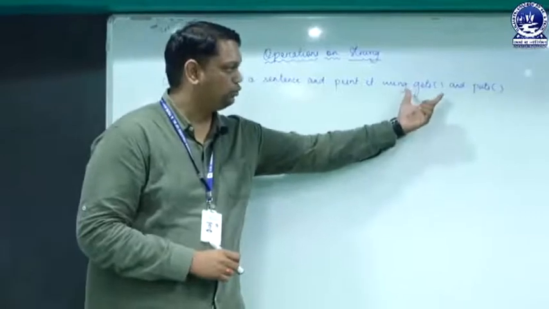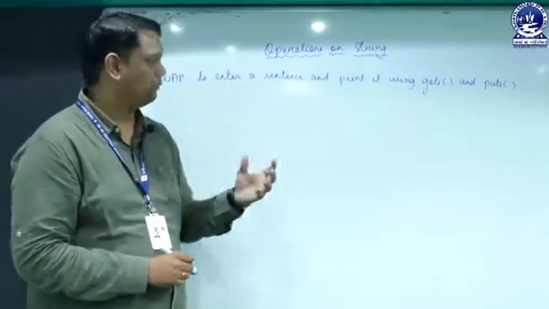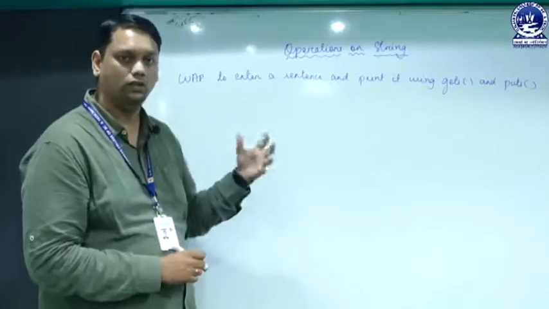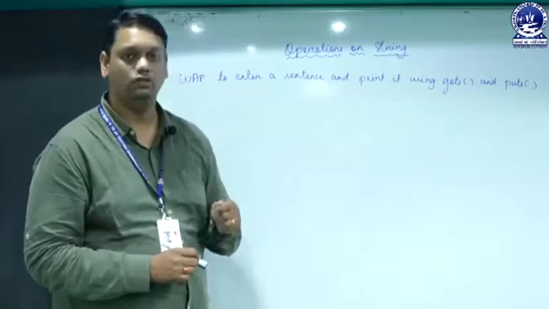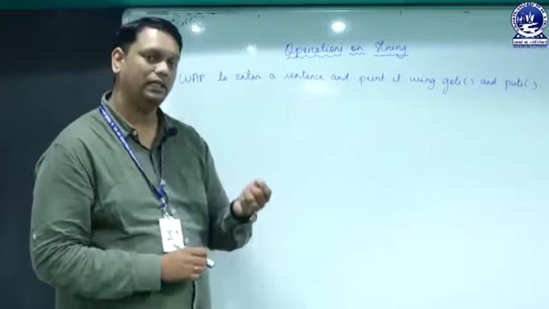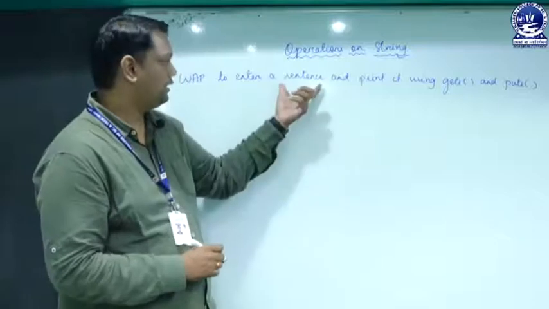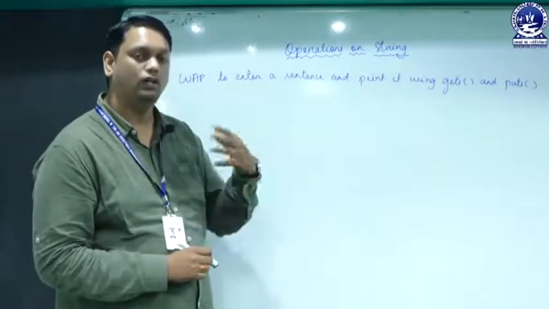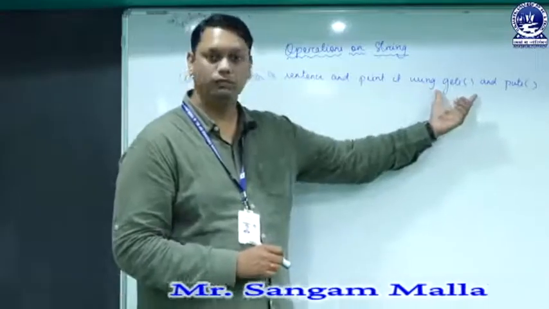So what is the use of the gets function and puts function? As we have discussed before, whenever we are entering a string in the form of a sentence or word, if we enter it with the help of scanf, then the scanf function has a demerit: it cannot accept a blank space within the sentence. So if we want to give spaces within a sentence, we can take the help of the gets function.